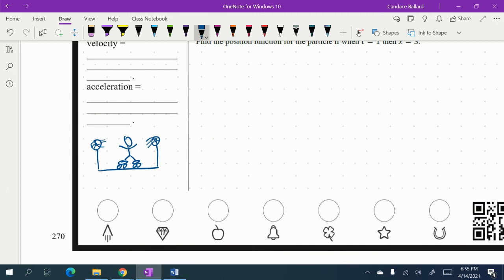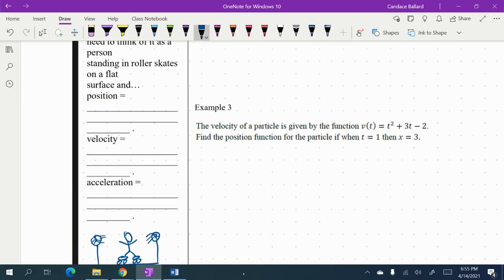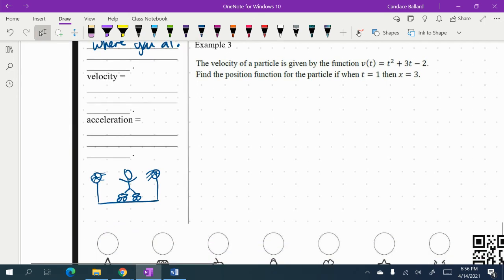The position is where you are at. So wherever the roller skater is, that's the position, where they're at. The velocity is where you're going.